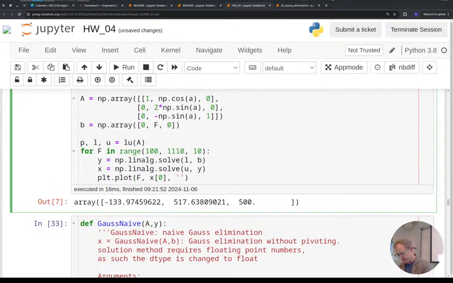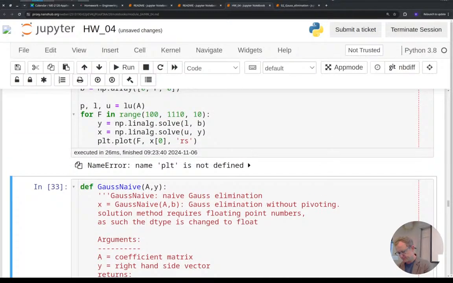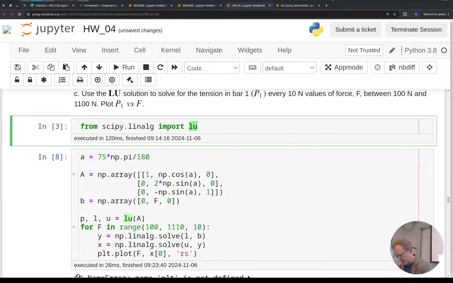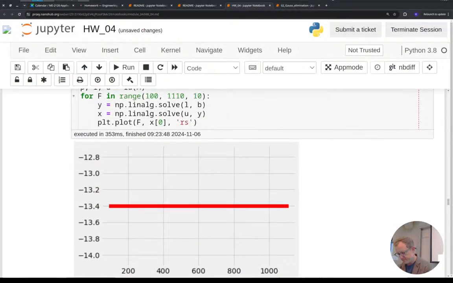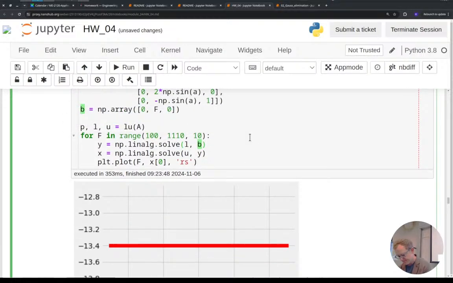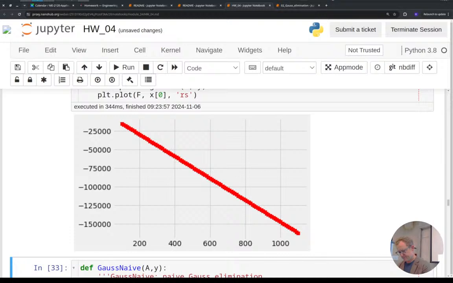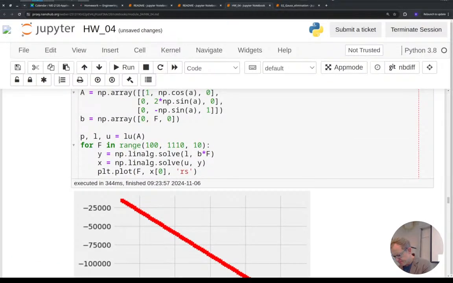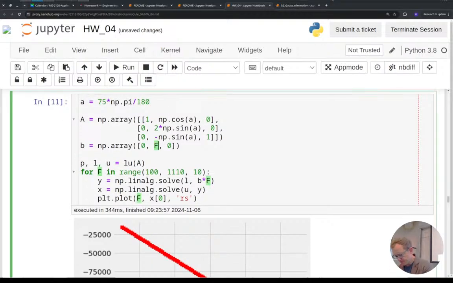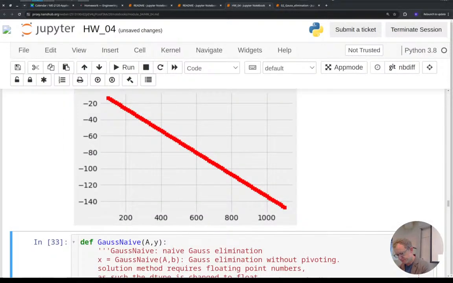And make sure it has a marker. I'm going to call it, let's do red squares. Oh, plot is not defined, come on. Oh, yeah, I should multiply by f, right? There we go.